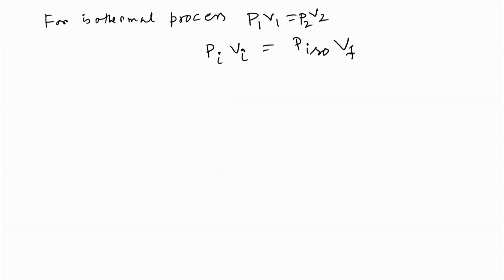So this is from Boyle's law. We know that for isothermal process, Pi times Vi equals P iso times Vf.